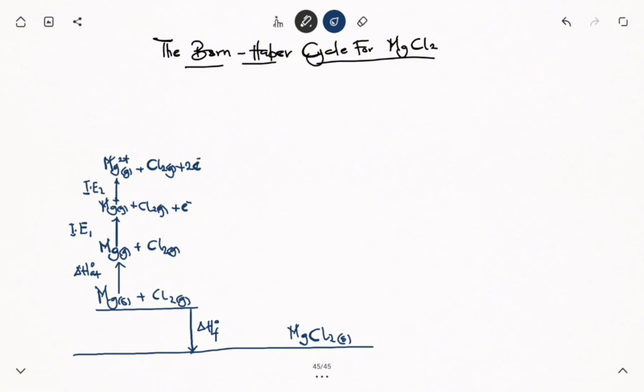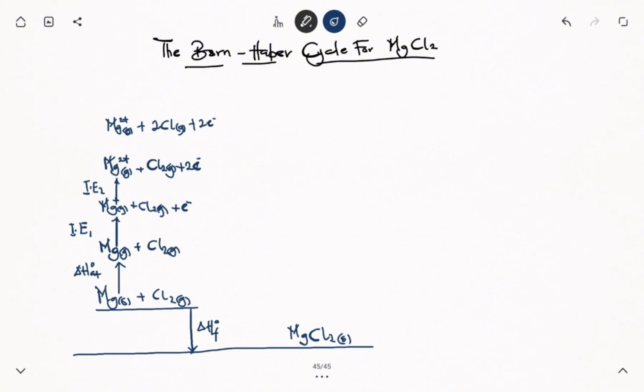We are going to atomize the chlorine, and then we are going to have Mg2+ here, and then the chlorine, which is now 2Cl. That means it is in an atomic state, and we need 2 of them. So if we need only one, then it's going to be half of the enthalpy. By this time we are going to have 2 chlorine atoms plus 2 electrons.